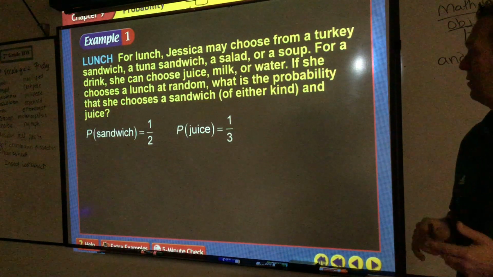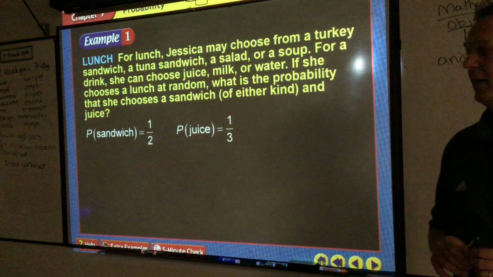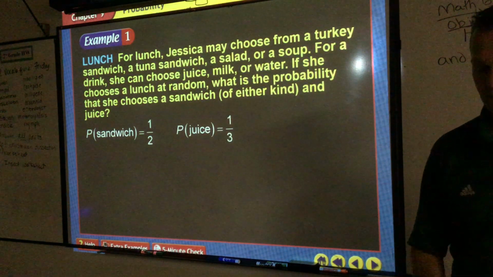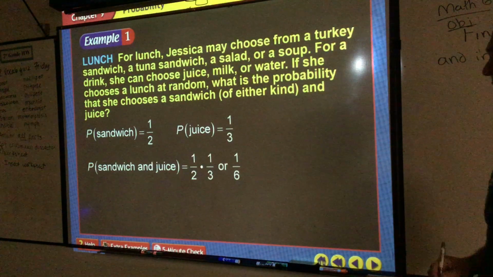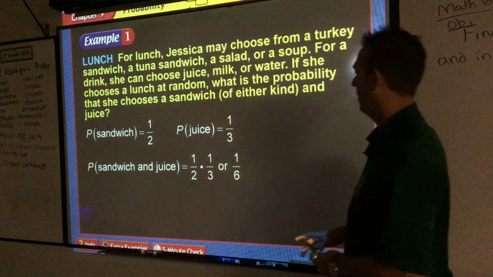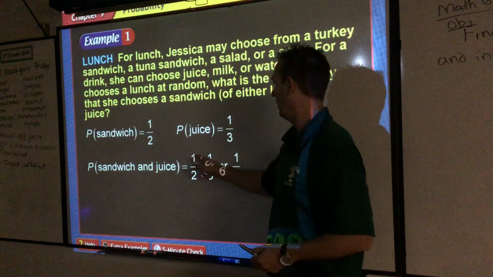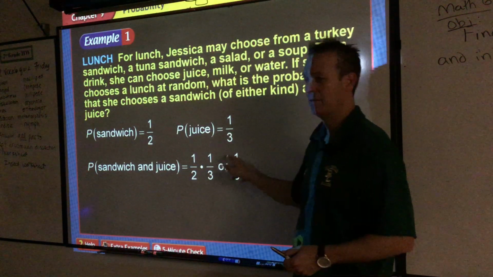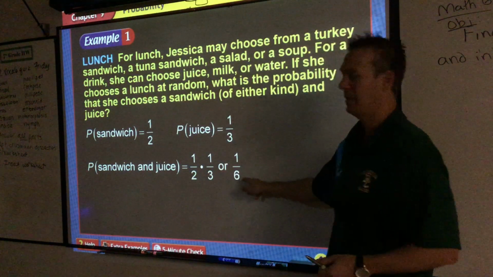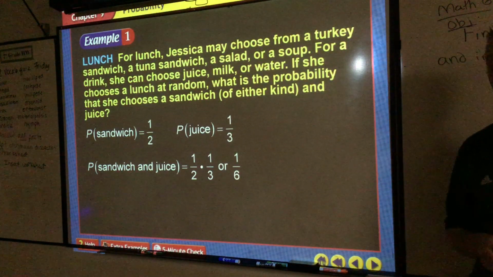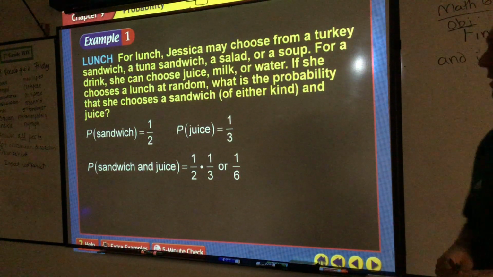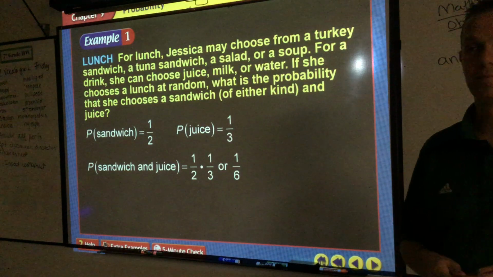There's juice, milk, or water, and juice is 1 out of 3. So you have these 2 things, and they're independent events, so all you have to do is multiply them. 1 times 1 is 1. 2 times 3 is 6. So the probability of getting those would be 1 out of 6.